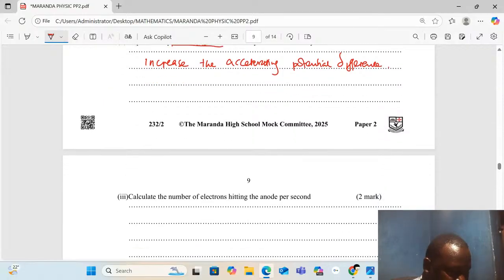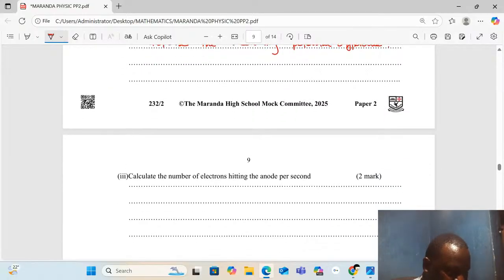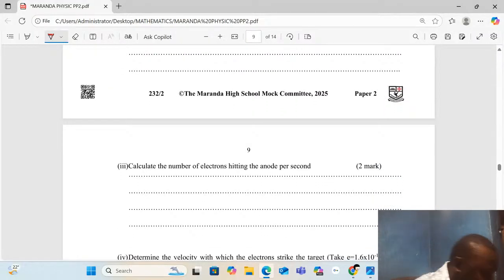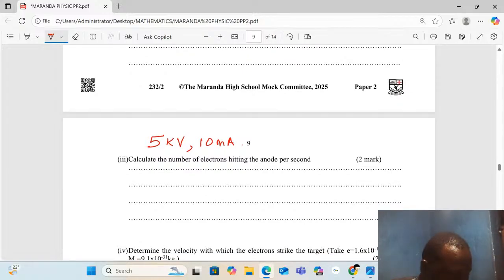Calculate the number of electrons hitting the anode per second. Remember, in our question, we were told that it is operating at 5 kilovolts and a current of 10 milliamperes. Let's calculate the charge first.